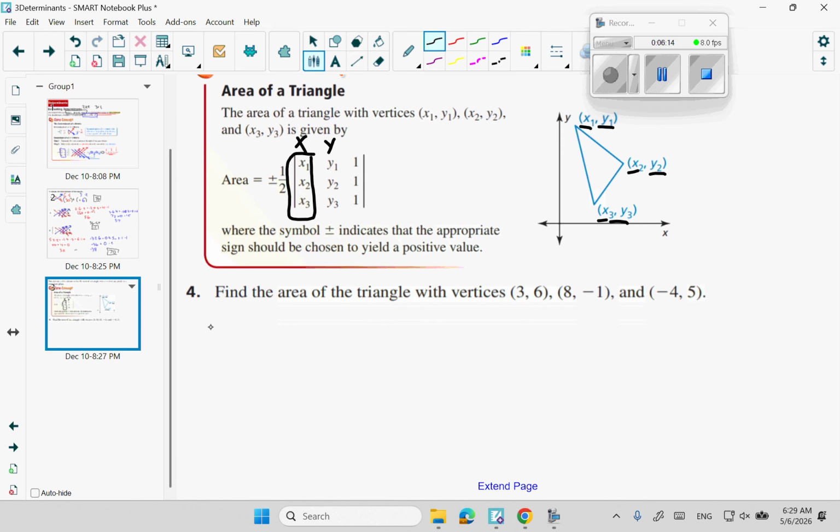So we're going to line up all the x's in the first column, so 3, 8, negative 4. The nice thing is it doesn't matter which order you do, but you have to line it up. So because I did 3 first, I would have to do 6 first. 8 and negative 1 go together, negative 4 and 5, and then the last one is always ones.